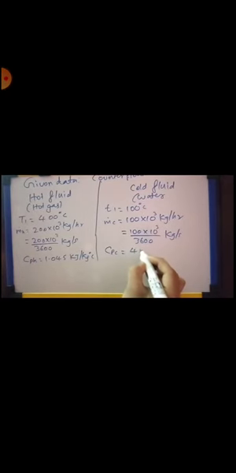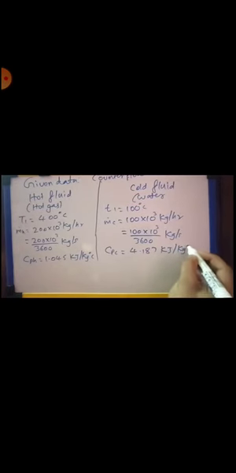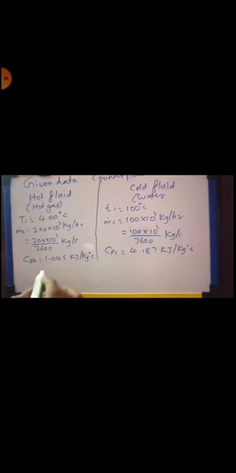Then CPC is equal to 4.187 kilojoule per kilogram degree centigrade. Q is given as 14,000 kilowatt. Then overall heat transfer coefficient U is given as 85 watt per meter square degree centigrade.